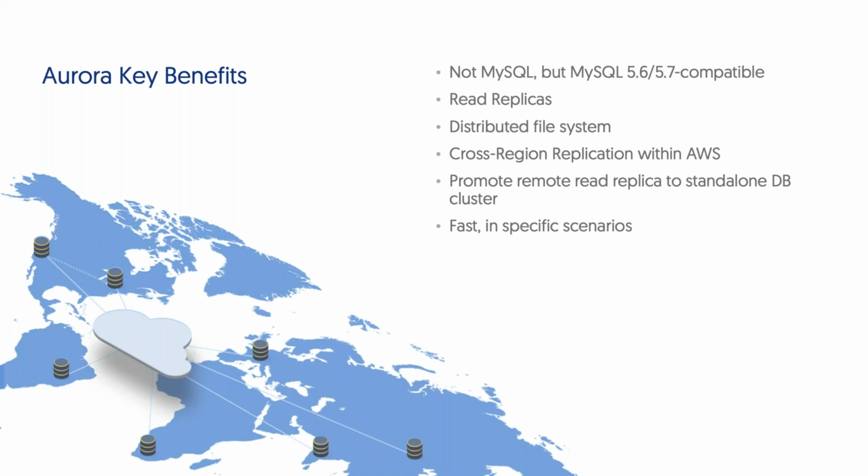And then later on, we can rebuild our failed cluster from this newly stood up cluster. And of course, in some scenarios, it's actually pretty fast, thanks to the distributed file system. Again, for specific scenarios, some use cases will be faster than others.